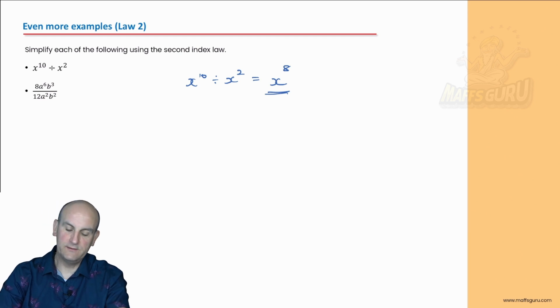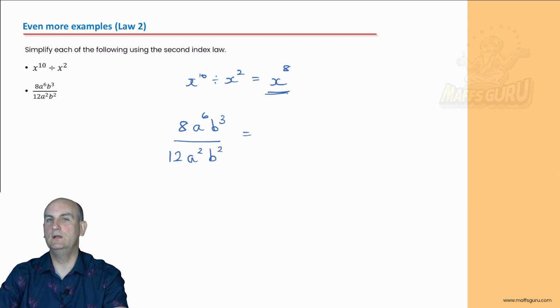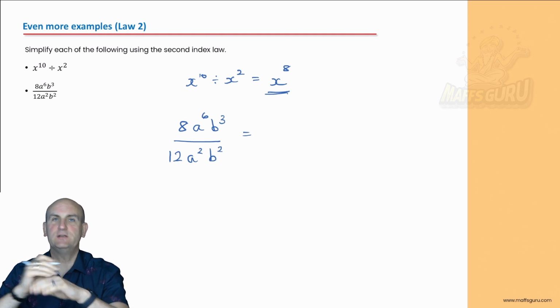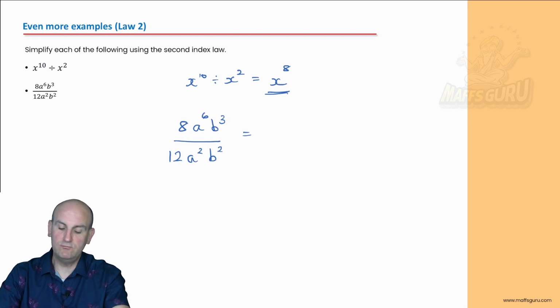Now the next one is a bit of a trick. 8, a to the power of 6, b to the power of 3, all divided by 12, a to the power of 2, b to the power of 2. Now, what can we do here? Well, there's lots of different ways of doing this. When the fraction is all times on the top and times on the bottom, we can write it in a different way.